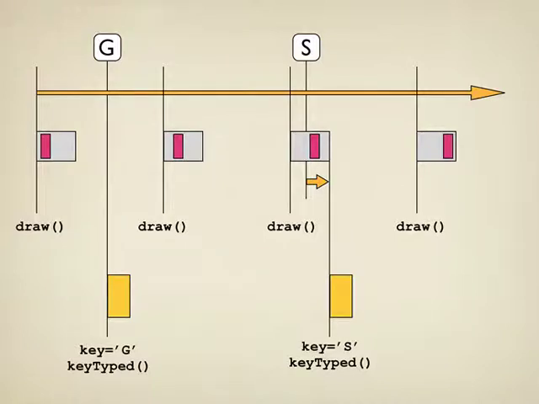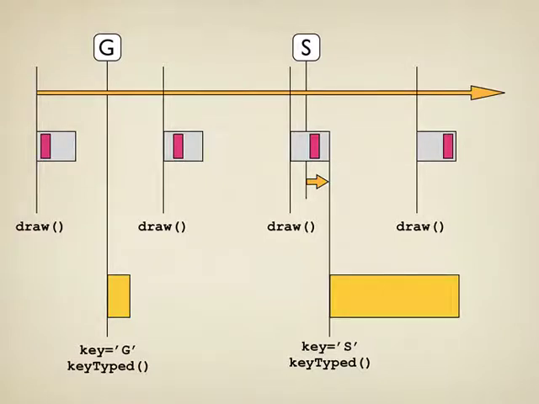I mentioned that we try to keep keyTyped very fast and very short. The reason for that is we like having the frames coming up every 60th of a second. That's what gives us the illusion of motion and a sense of responsiveness. Suppose that keyTyped did something very long. I don't know, it goes off to the web and looks up a database and it takes a while.